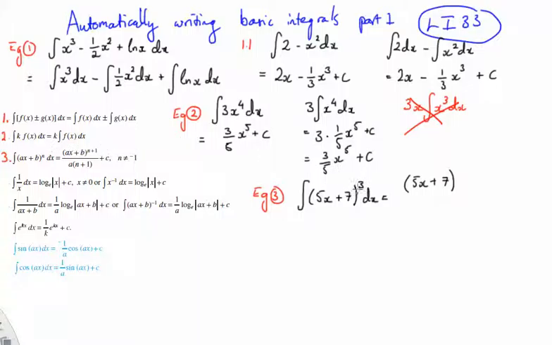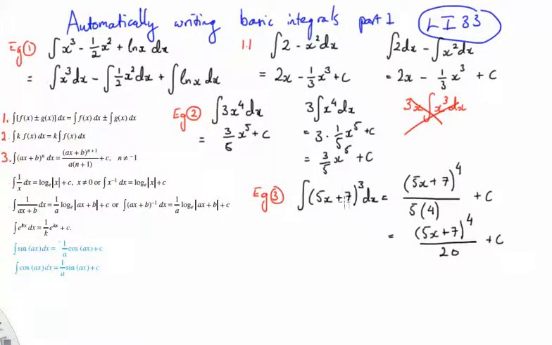Well, n is 3, so n plus 1 gives us 4, divided by a, which is 5, times n plus 1. So 5 times n plus 1, which is 4, plus c. Well, that equals 5x plus 7 to the power of 4 on 20 plus c.